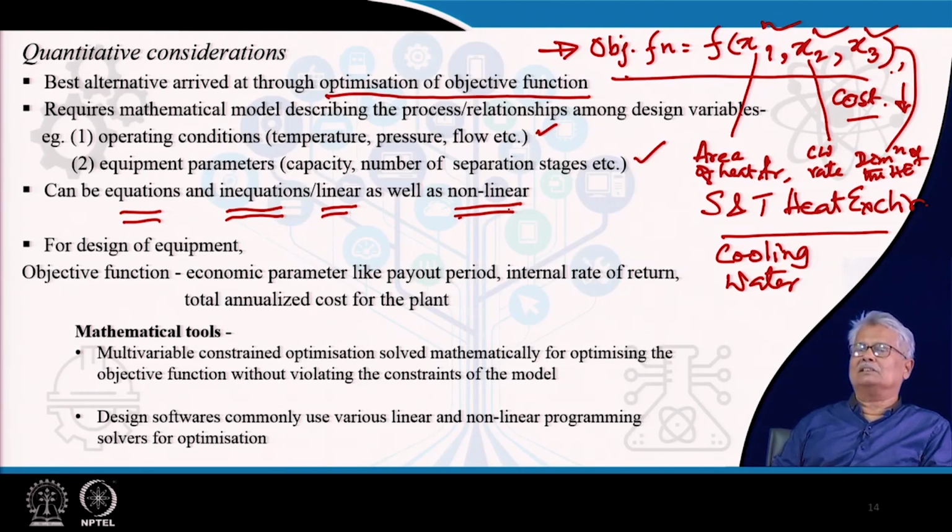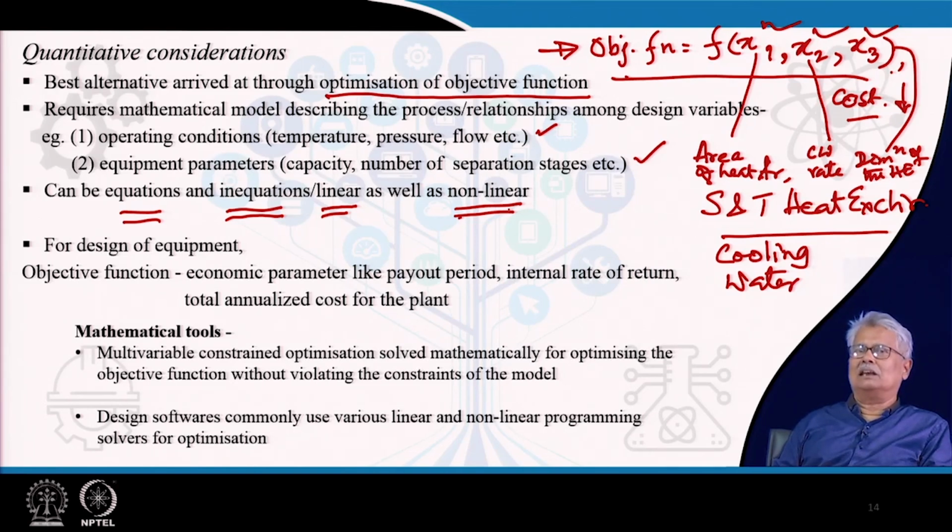So, the objective function need not necessarily always be an economic parameter. Usually for large plants it is an economic parameter like profitability, but for most small equipment design, for example distillation column or heat exchangers, it normally will be some other technical parameter like efficiency, etc.